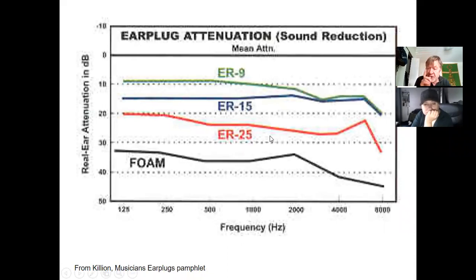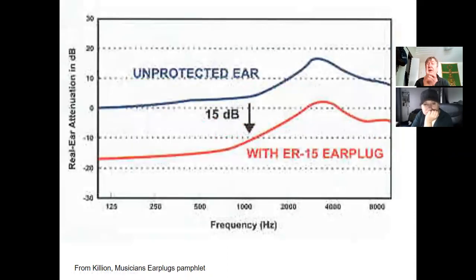You know why it's kind of flat? Because of your ear canal resonance. Now remember this and remember it well. Your ear canals are like a cup. They're open at one end, closed at the other end.